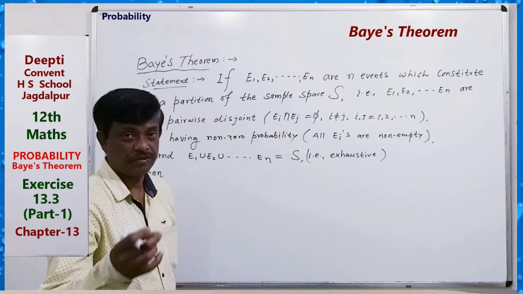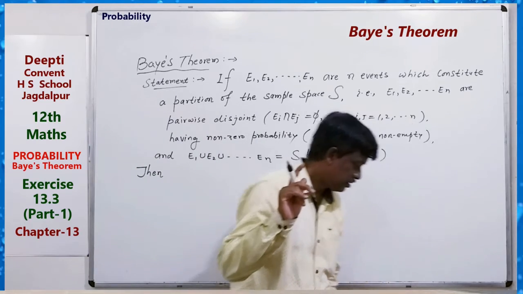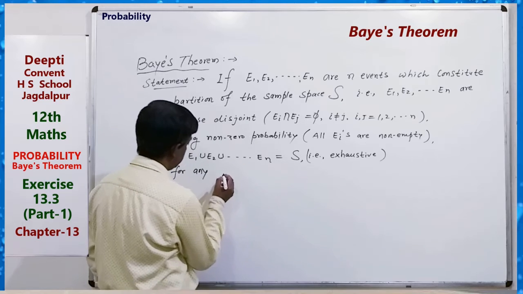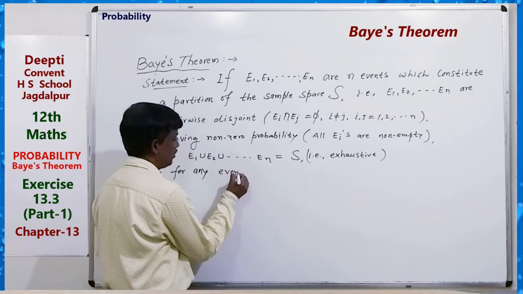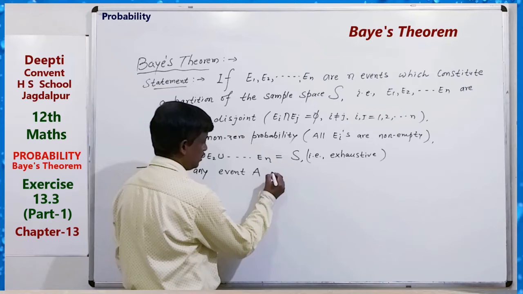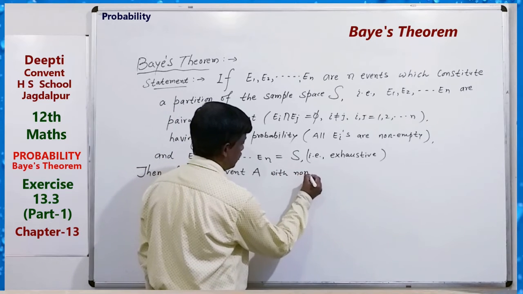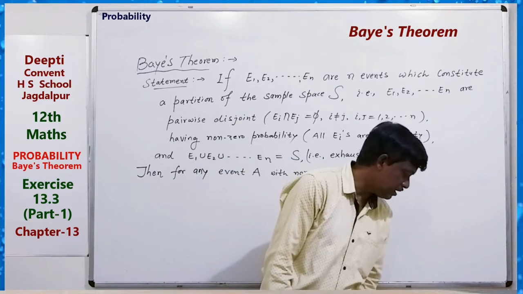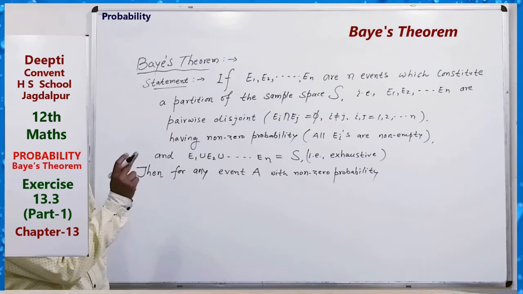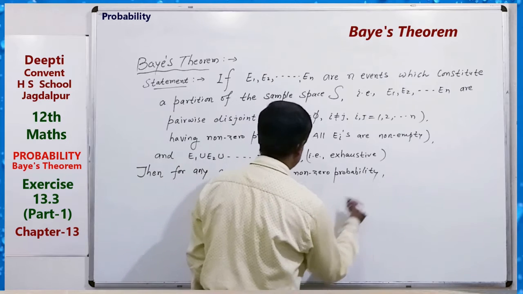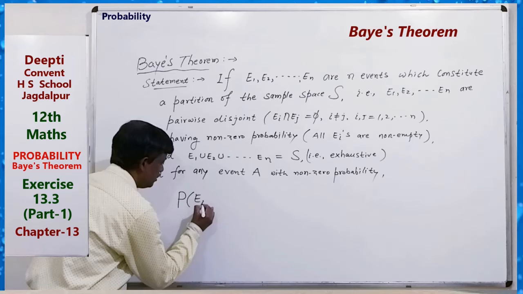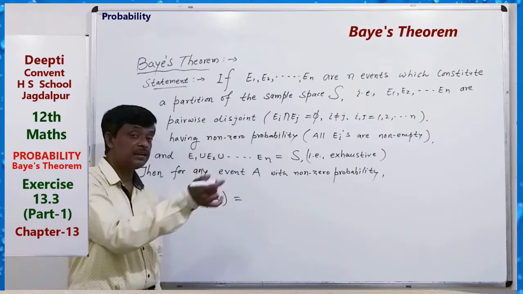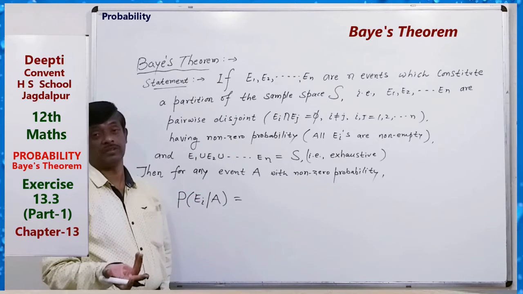Then for any event A with non-zero probability, P(Ei upon A) is equal to, this is reverse probability, because E1, E2, E3, ..., En are the previous things, the hypotheses.